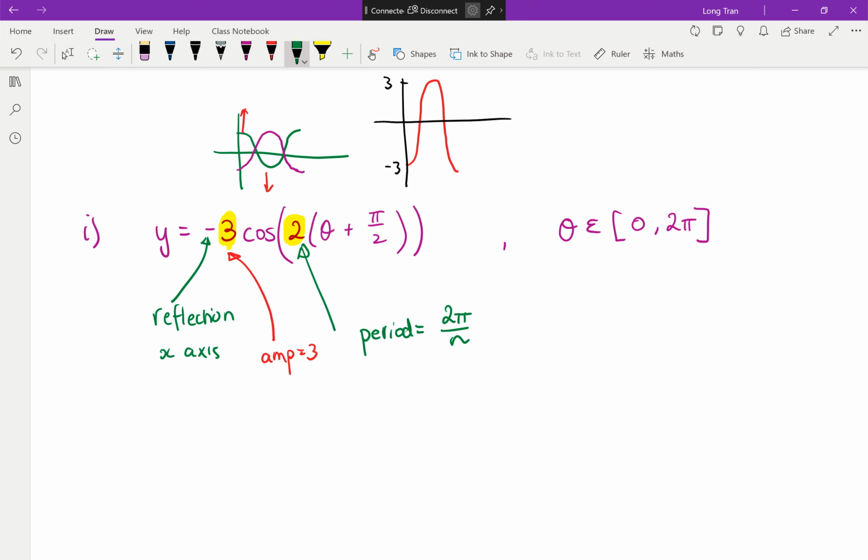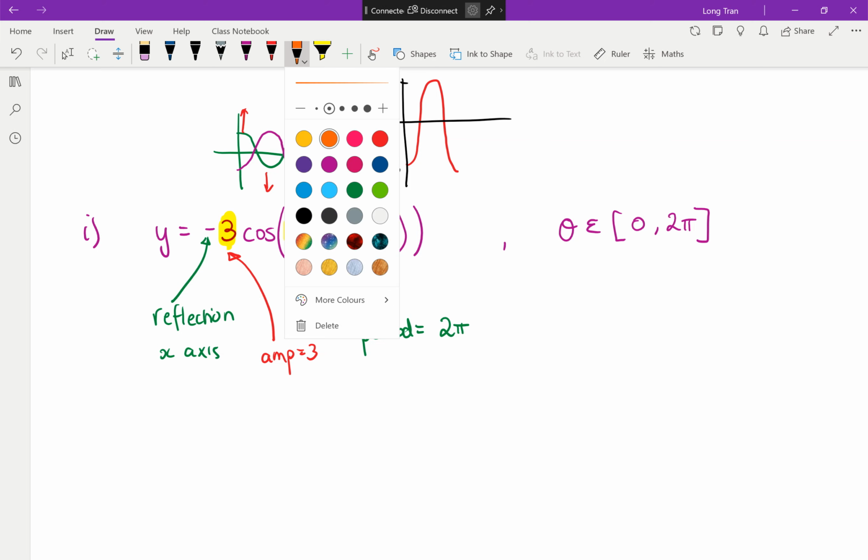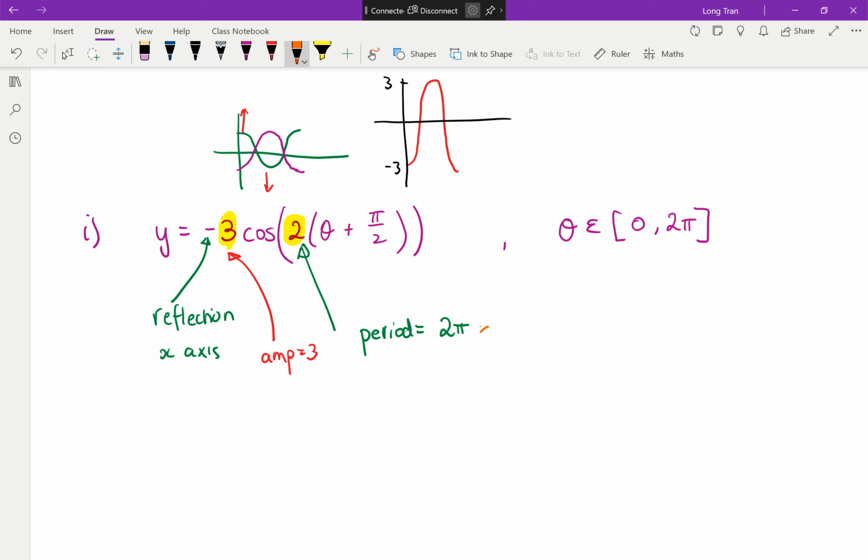I normally don't like using the formula because I like you to understand what's actually happening. I like to describe it as a period of 2 pi is your normal unit circle. And what you're doing now is a dilation, which means a stretch. In this case, remember, it's always the stretch of the inverse. So if it's times by 2, then the inverse of that would be 1 on 2.